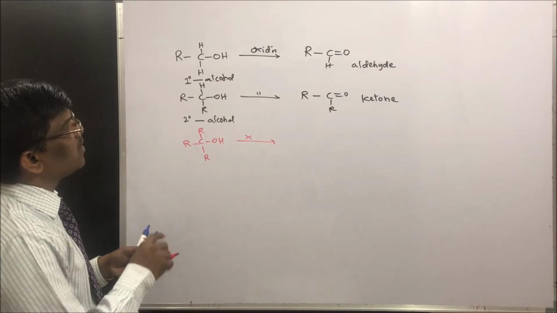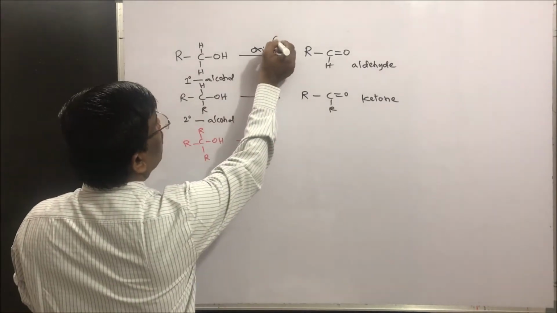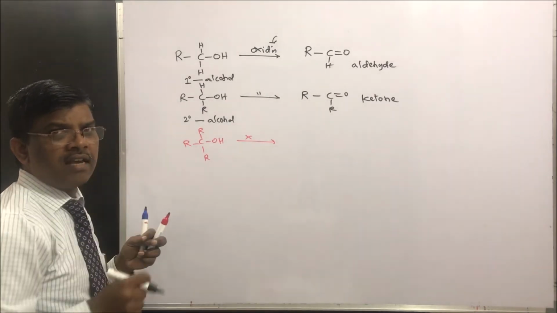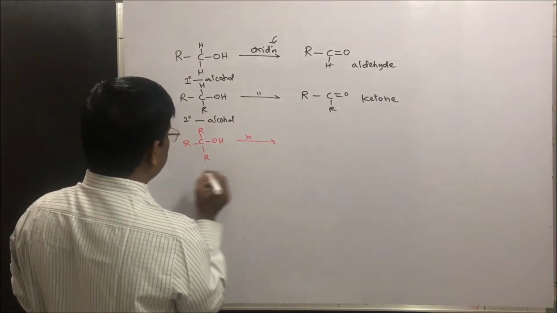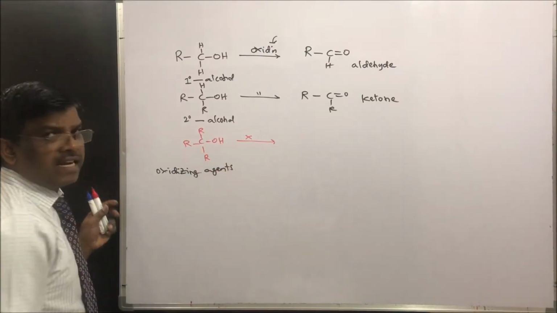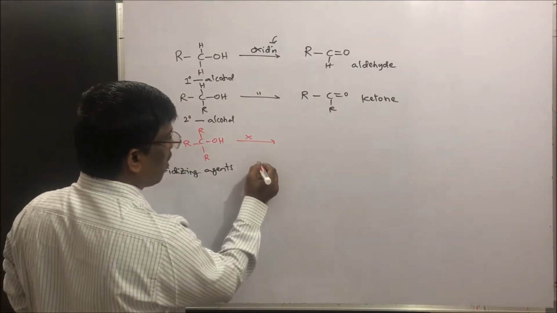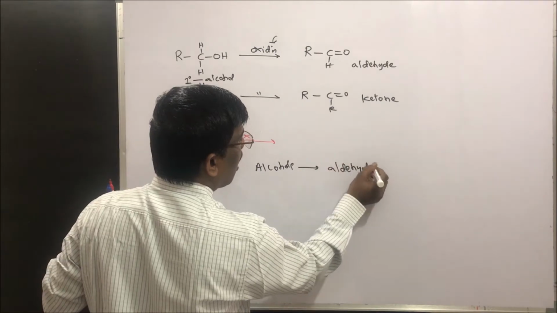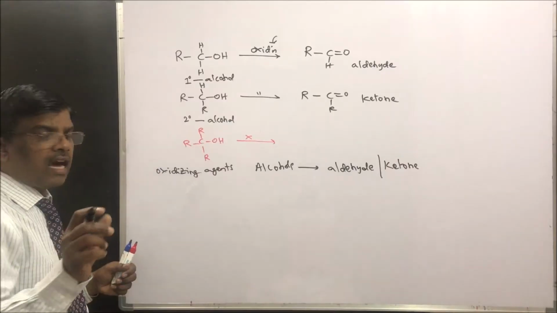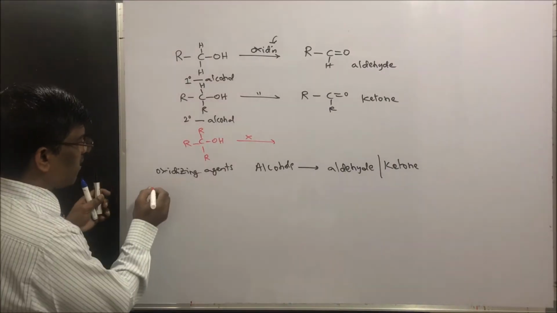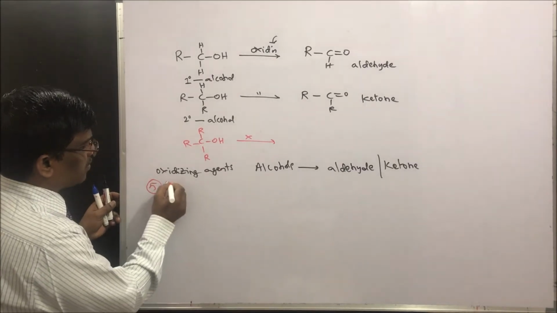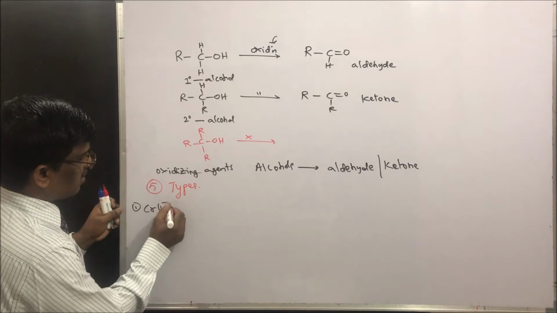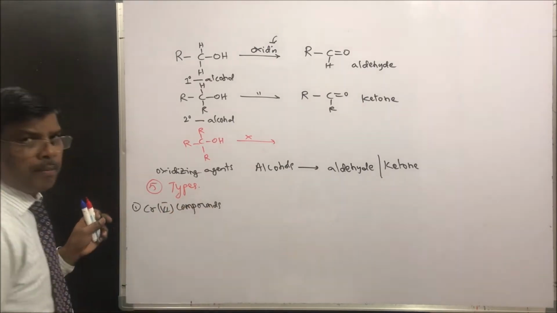The reagents used here for the oxidation of these alcohols to carbonyl compounds are known as oxidizing agents. There are 5 types of oxidizing agents available for the conversion of alcohols to aldehyde or ketone. The first category is chromium 6 compounds.